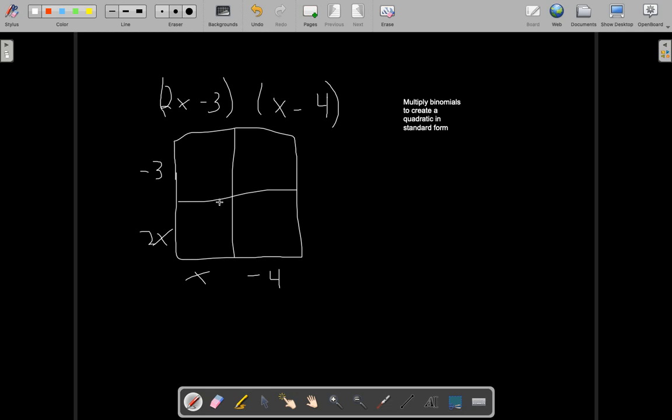So again, this should be pretty easy to do if you remember your rules of multiplying variables and expressions. So you have 2x times x, which gives you 2x squared. Then this one is x times negative 3, so that's negative 3x.